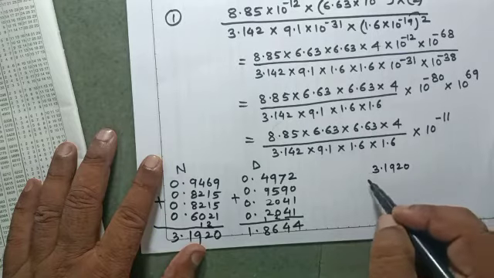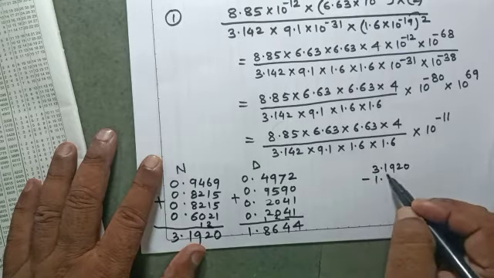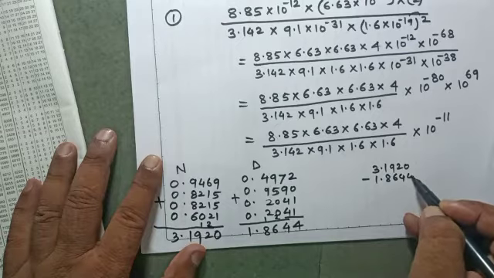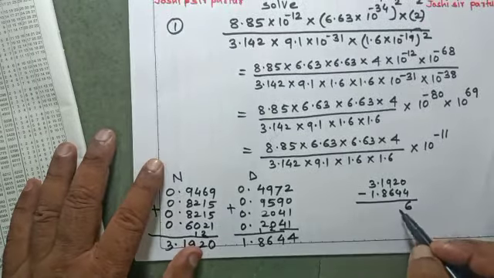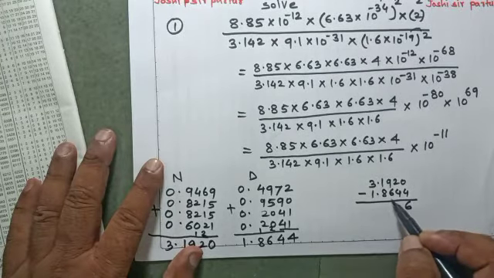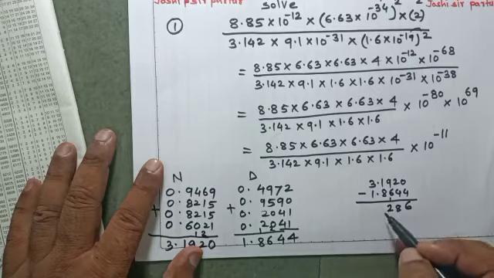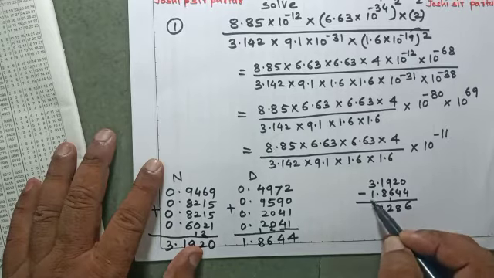3.192 subtracted by 1.8644. What happened? 6 is remaining, 8 is remaining, 2 is remaining, 3 is remaining, and here 1 is there.